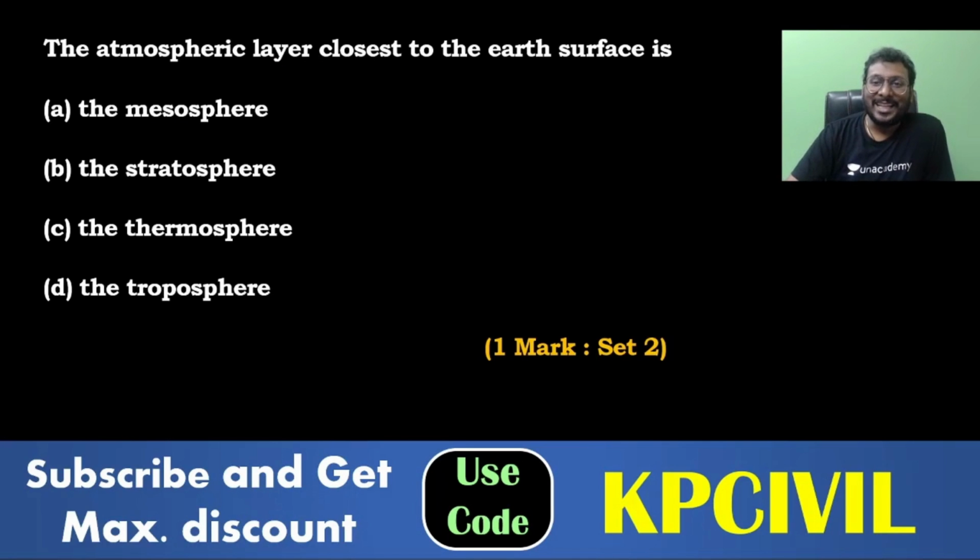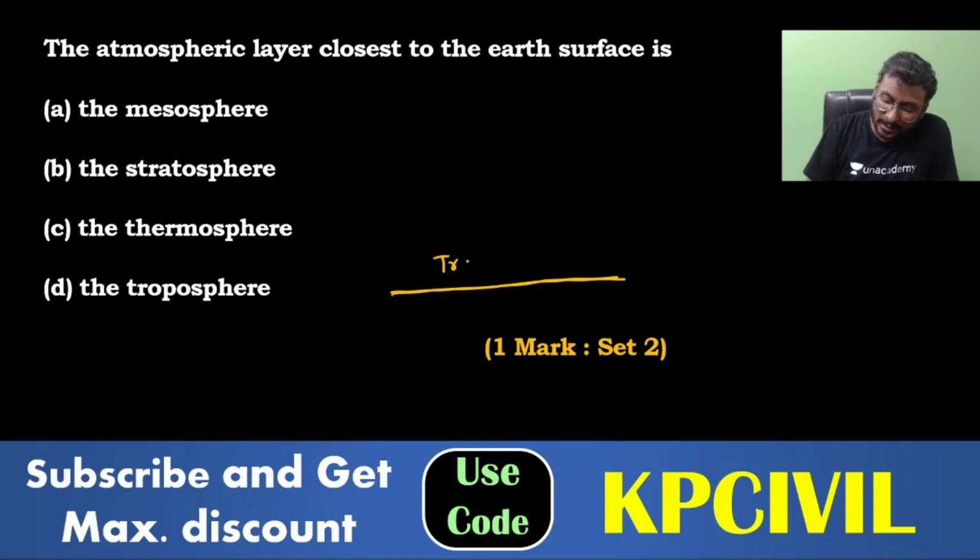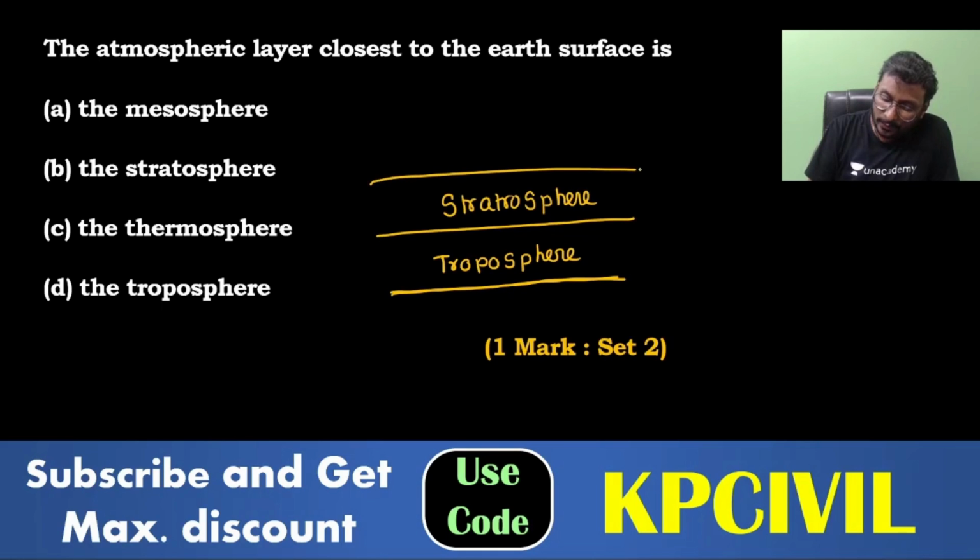The atmospheric layer closest to the earth's surface. Do you remember it? In our air pollution YouTube class itself I told, the first layer is the troposphere. I have drawn it in a diagram also, followed by the stratosphere, followed by the mesosphere, followed by the thermosphere.